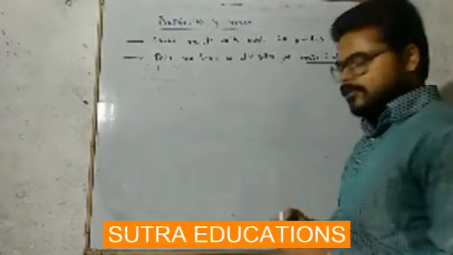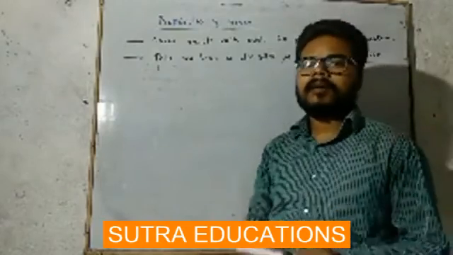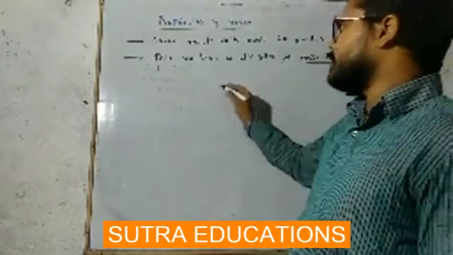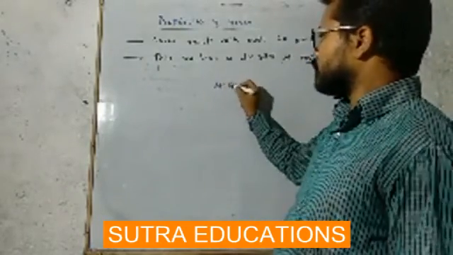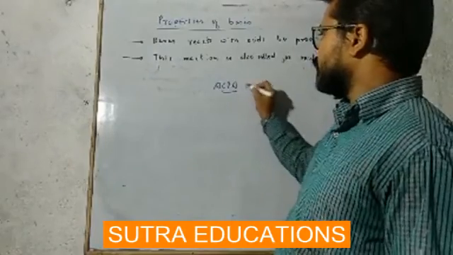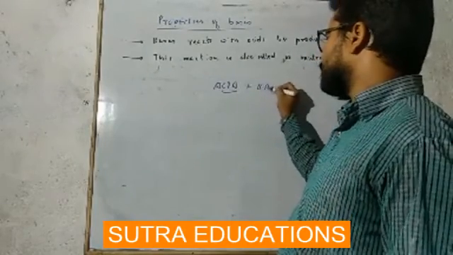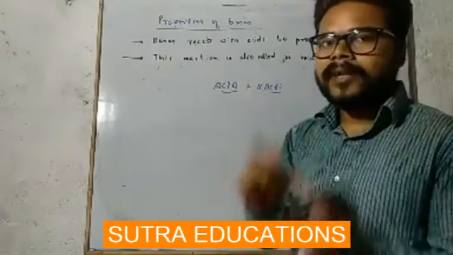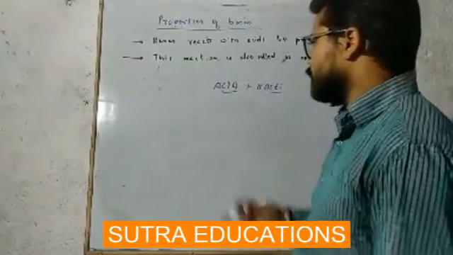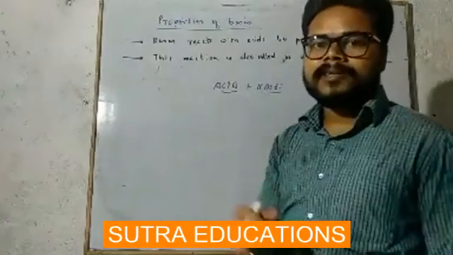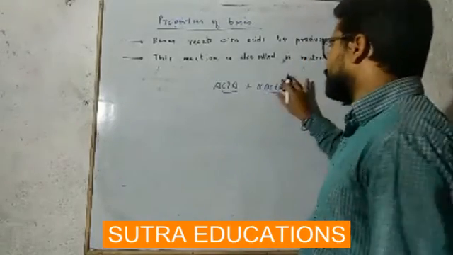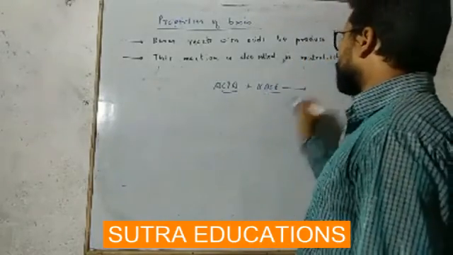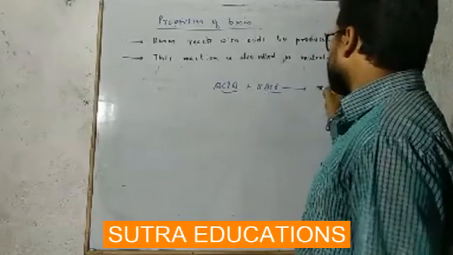Why is this reaction called a neutralization reaction? Because acid reacts with bases and neutralizes the effect of each other. Getting this? Acid reacts with bases and neutralizes the effect of each other and produces salt plus water.